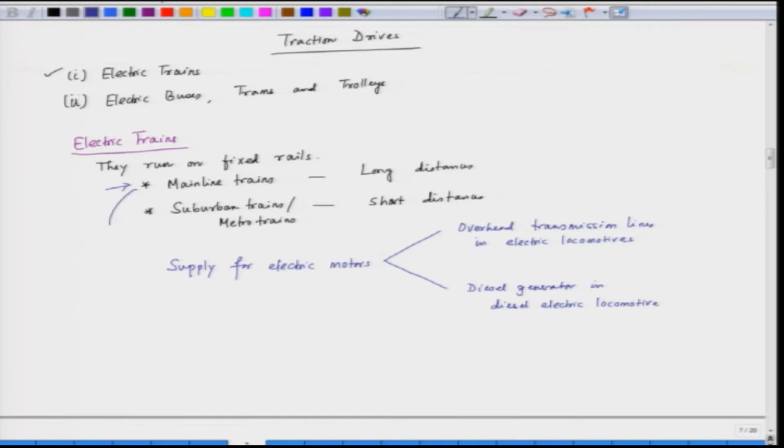So, for the main line trains, we have two kinds of supplies. Either we can supply the power from the overhead transmission line, or we can have a diesel generator, which is run by an IC engine, and the diesel generator gives electricity for powering the electric motors. But finally, in all these locomotives, the motive power which drives the wheel is an electric motor.